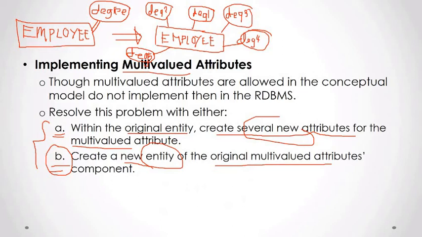Okay? So how do we convert this multi-valued attribute degree? Then it will become like this.